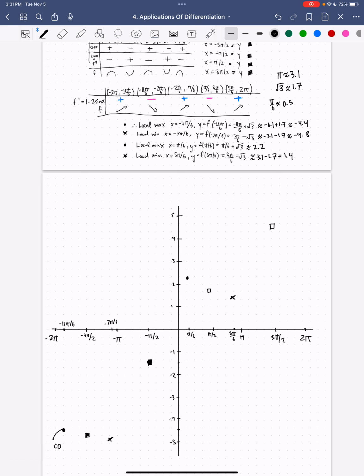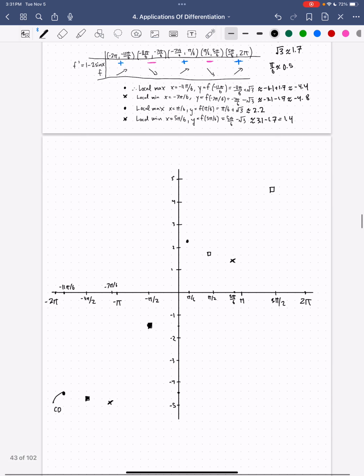Then from negative 11 pi over 6, we should start decreasing until we hit the local min that we marked with an X. But now that we've hit the square, we've got to be concave up. Good enough.